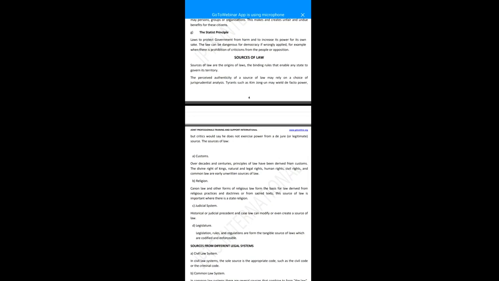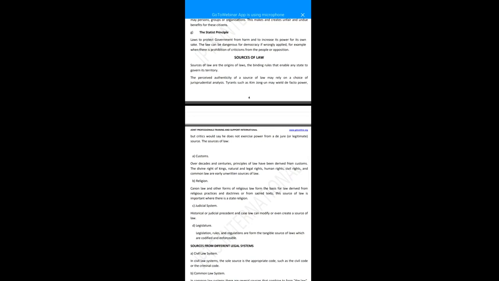Now, historical or judicial precedents and case law can modify or even create a source of law. Now, the judicial system can create a source of law and they can also modify any forms of law. While the legislature, those are the lawgiver, they give out rules and regulations that form a tangible source of law, which are codified and enforceable.